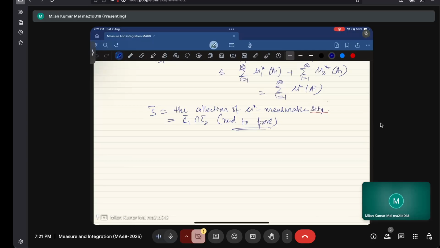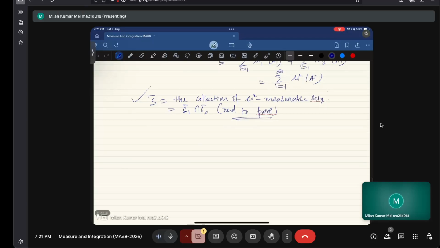That means if a set is measurable with respect to this new measure, then it will be outer measurable with respect to the older ones. So let E belong to S bar.